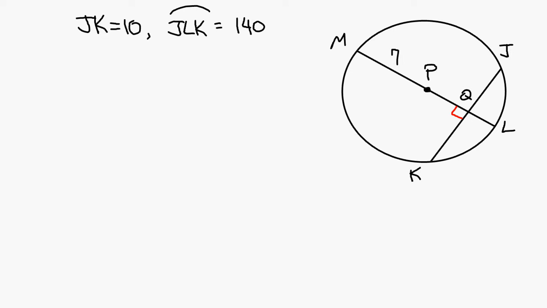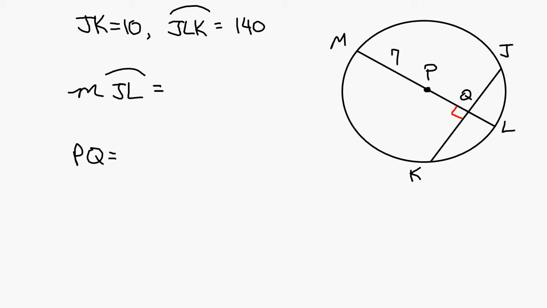And you've got to find the measure of arc JL, and you've got to find P to Q. Alright, so take the given information and get it filled into your picture, please.